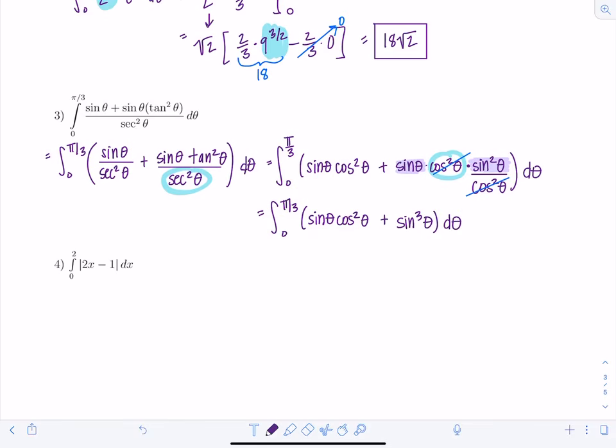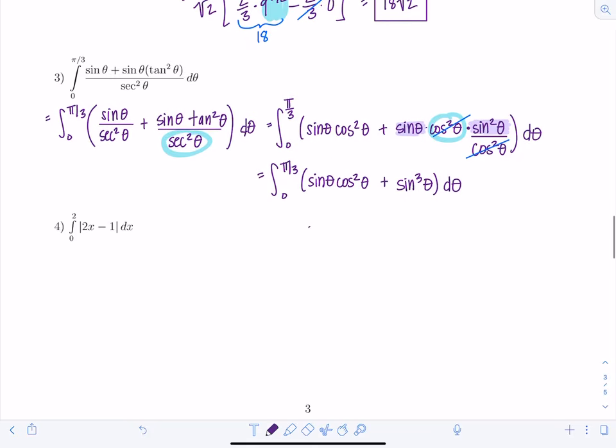Okay, what now? Well, I can factor out a sine theta from both these terms, right? They have that in common, so this is the integral from 0 to pi over 3 of sine theta times cosine squared theta plus sine squared theta d theta.